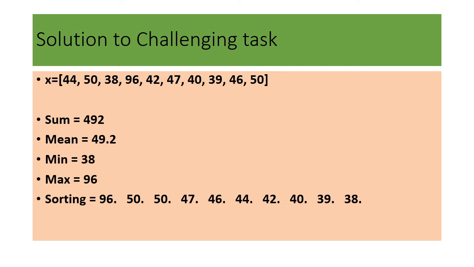To identify the minimum of the given array, just give min of x. And to get the maximum value, we'll be using max of x. To sort it in descending order, we'll be using gsort of x. If you would like it in ascending order, just give gsort of x comma 'i' in single quotes.